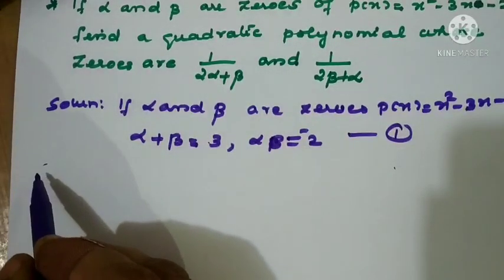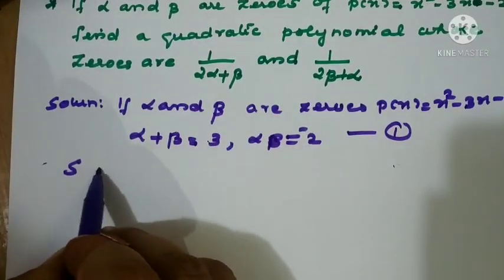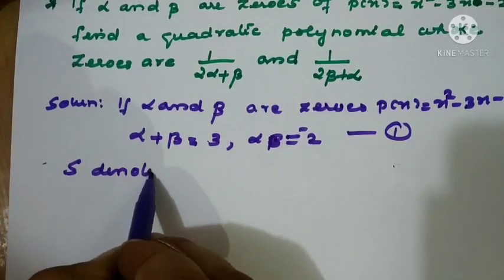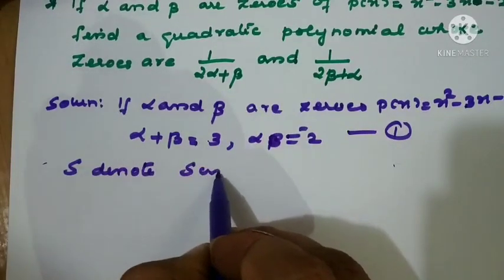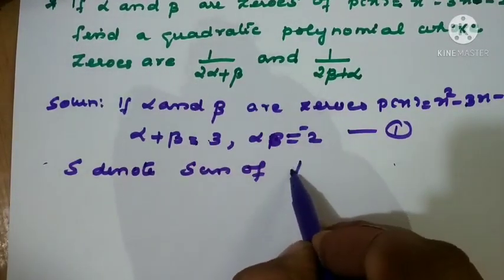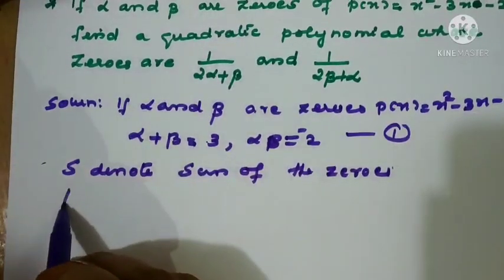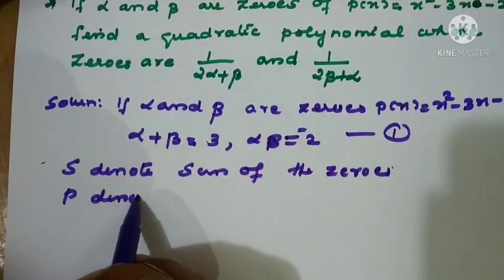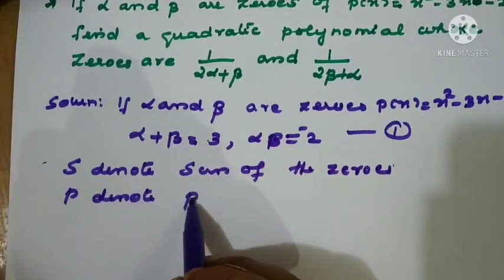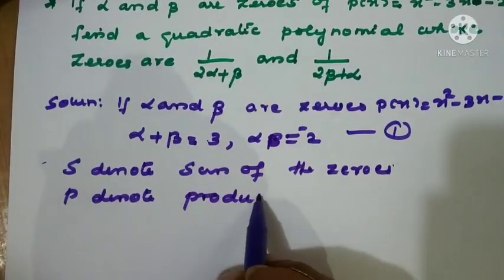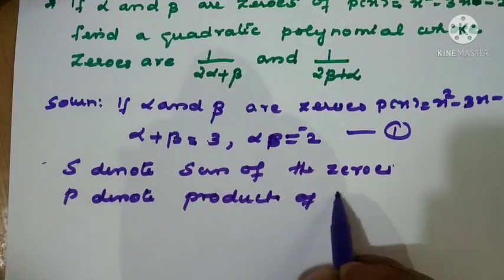What is the next step? S denote sum of the zeros, P denote product of the zeros.